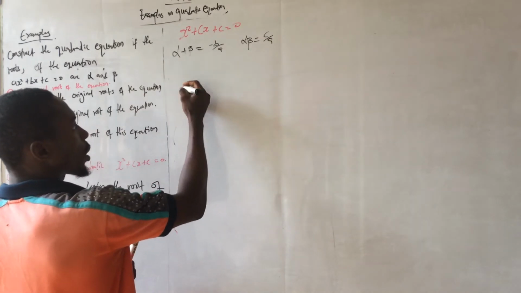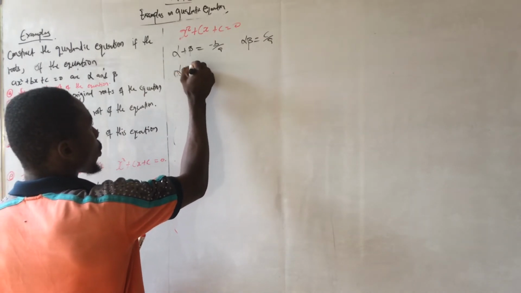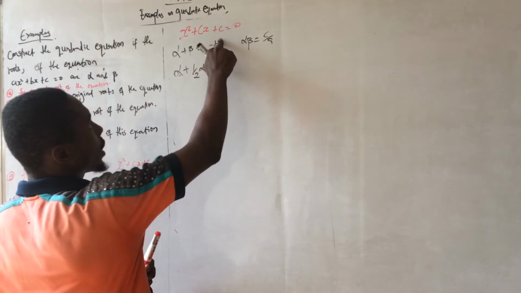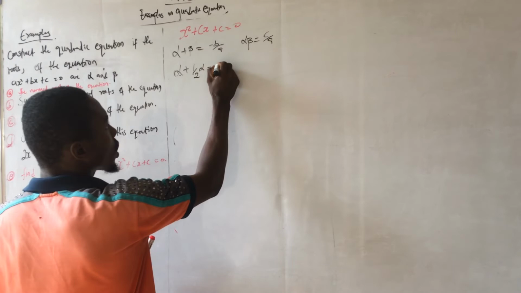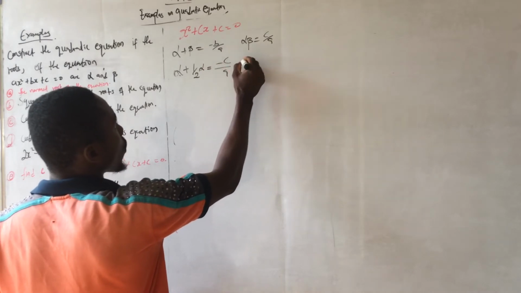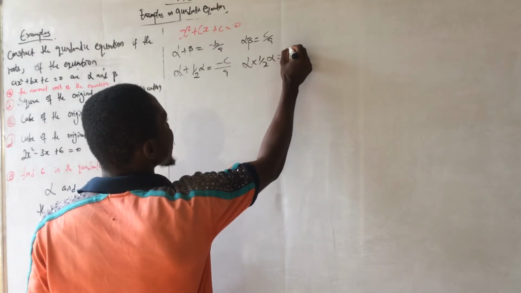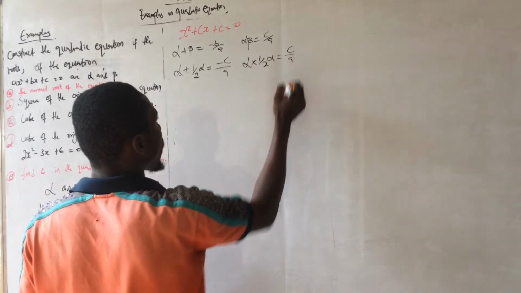Since the roots we are going to be working with are alpha and half of alpha, the sum is not going to give us minus b over a, it's going to give us minus c over a now, and alpha multiplied by 1 over 2 alpha is going to give us c over a.